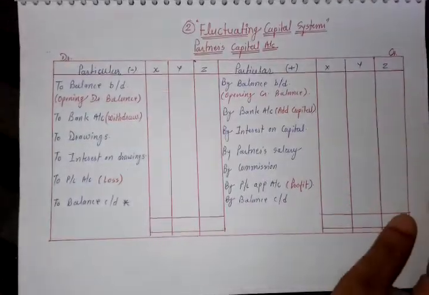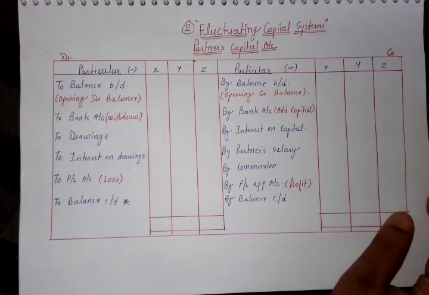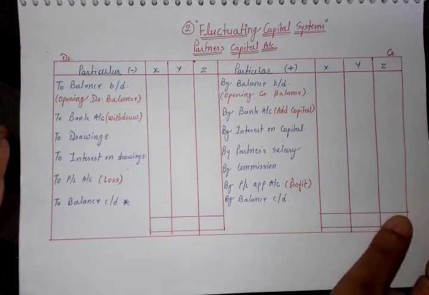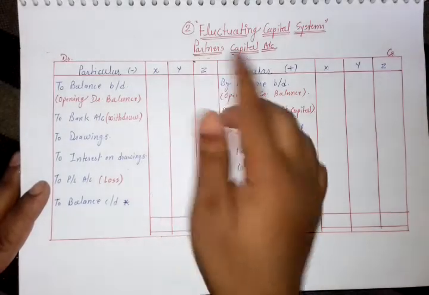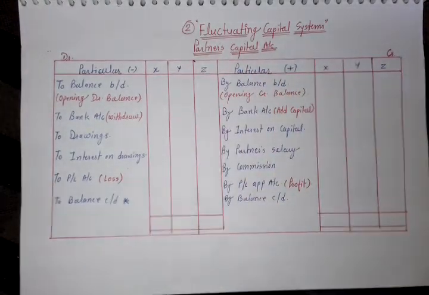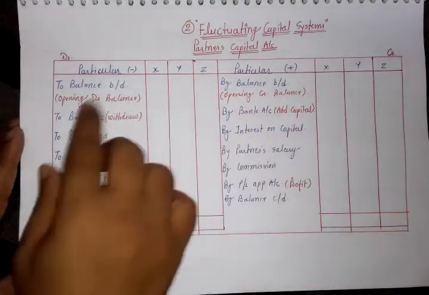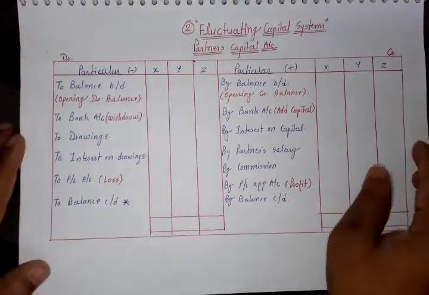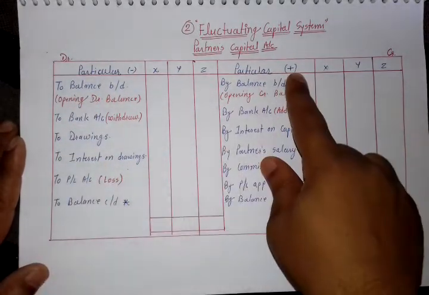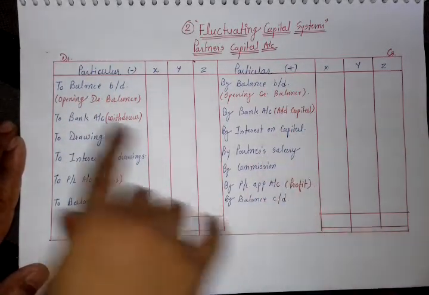Now the second format, for the fluctuating capital system, or the fluctuating capital account. Under this system, the partners' capital account has the same format: debit and credit. Minus means all losses and expenses, plus means all gains.